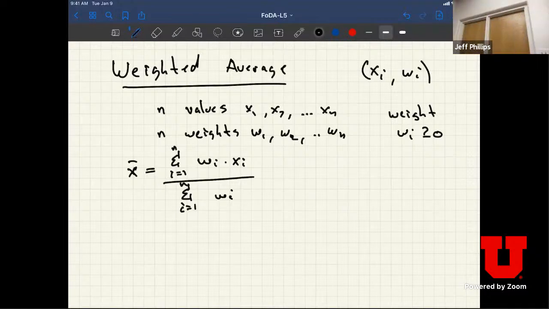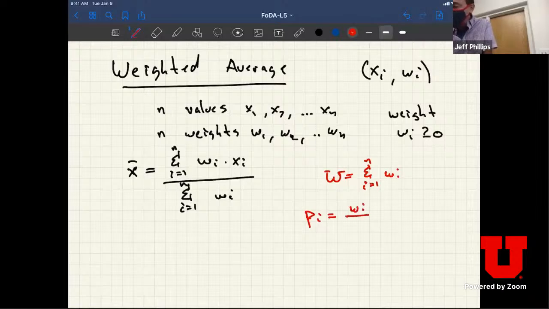This is an expression that shows up in lots of places, so it's good to just see it. One way to think about it is I can take these weights and normalize them. I can have an uppercase W, which is just the sum of the weights. And then let pi be the weight divided by the sum.